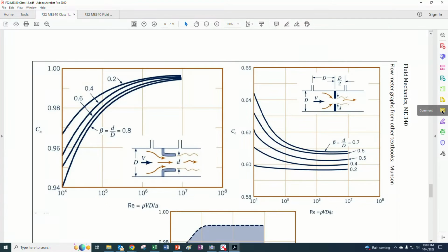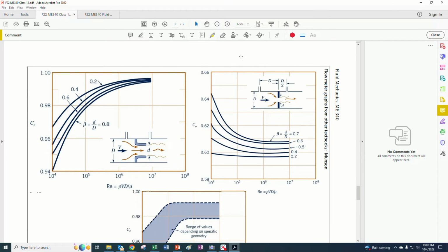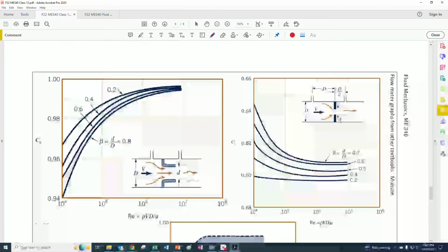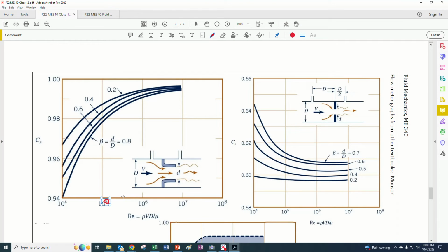So I'll write onto this thing. So that means that we're going to have 5.5, here's 5.25, here's 5.125.